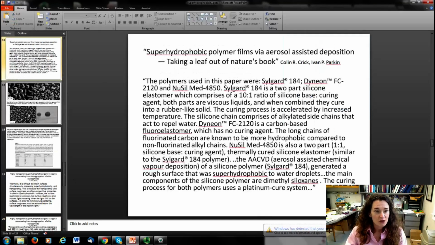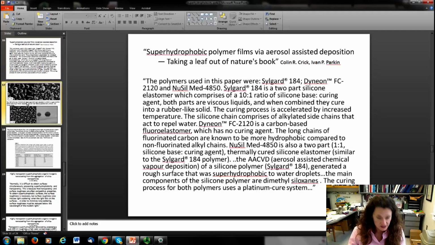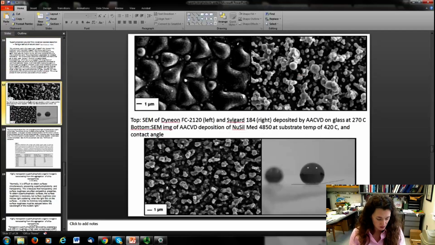All right, so this right here is a paper that I'd like to take a minute and talk about. It's titled Superhydrophobic Polymer Films via Aerosol-Assisted Deposition: Taking a Leaf Out of Nature's Book. Pun entirely intended there, I think, referring to the lotus leaf effect. So what they did in this paper, and here are some images from the paper, they used the polymers Sylgard, Dyneon, and NuSil.